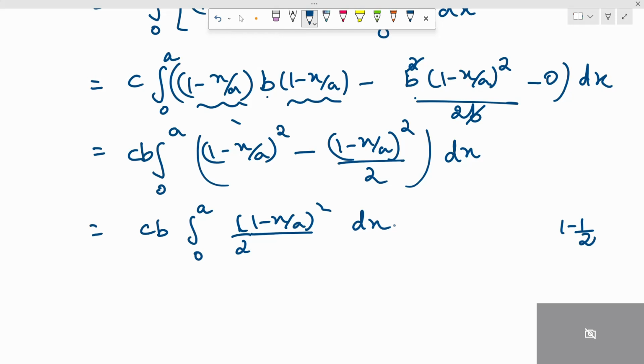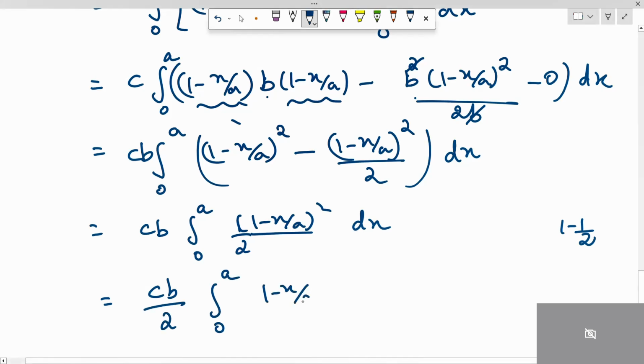Now this 2 is constant, take outside, which is cb by 2 integral 0 to a 1 minus x by a whole square into dx.